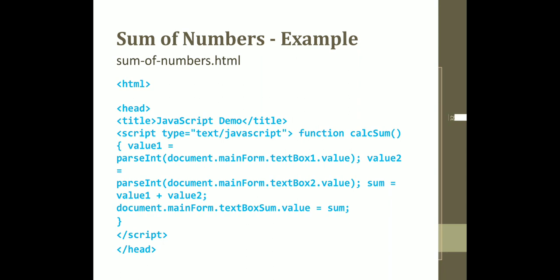We have taken two values, value1 and value2, and sum equals value1 plus value2. Then document.mainform.textboxsum.value equals sum, and the script ends here.